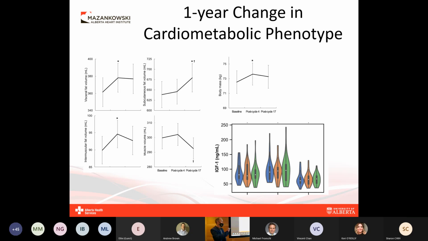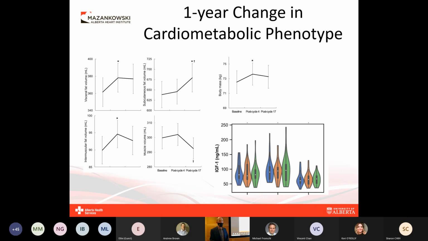And so across the whole 94 patient cohort, we found that there was significant loss of skeletal muscle volume during treatment, as well as increase in ectopic fat pools. And along with this, we measured serum biomarkers, and one of the markers we measured is IGF-1, which is an interesting measure that is, in my view, a cardiometabolic measure, which has been linked to risk of cardiovascular disease as well as to risk of cancer, actually.